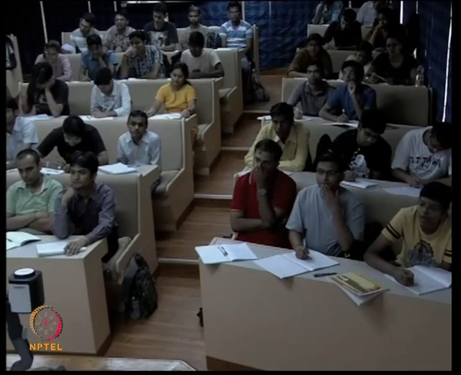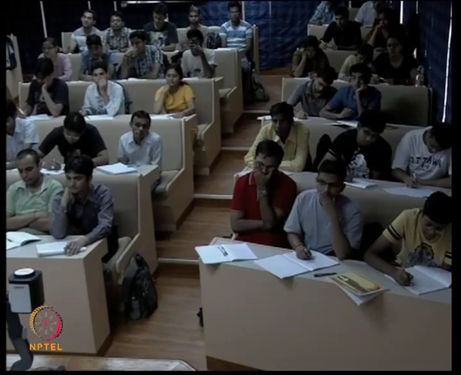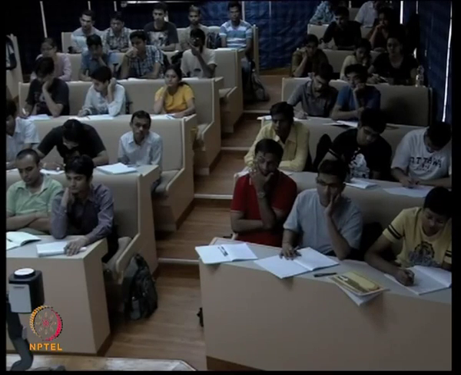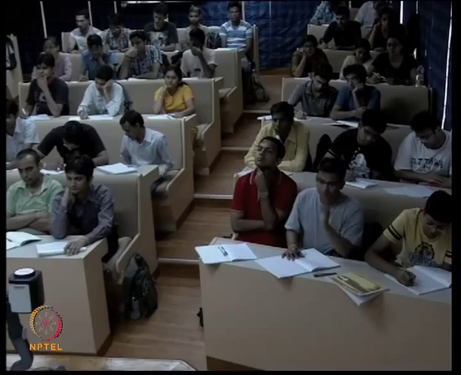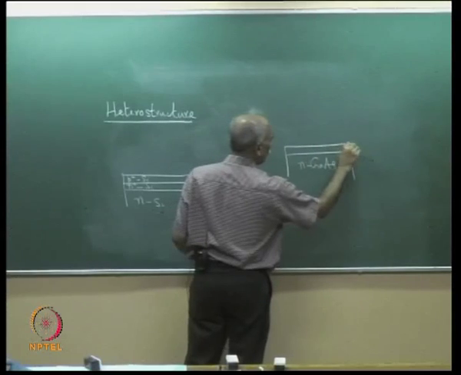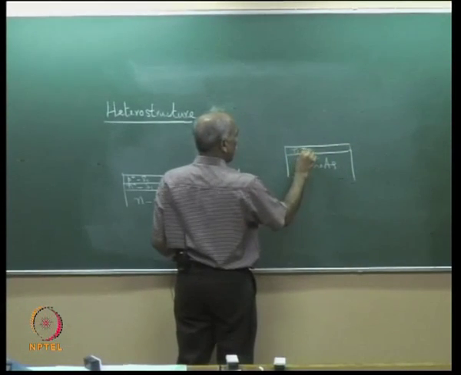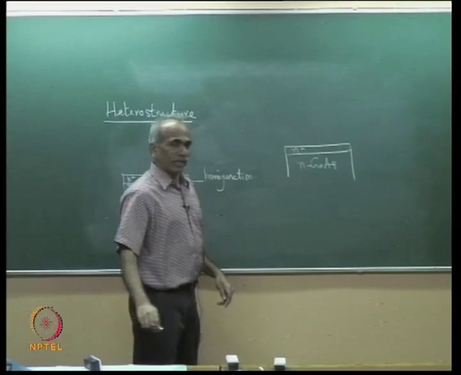In contrast, if you use layers of different material and different band gaps, please see, it is p type silicon, n type silicon, band gap is the same because the material is the same. But if I start with, let us say, n gallium arsenide, why these n plus, we will discuss at a later stage.